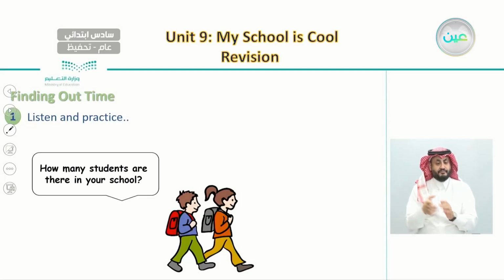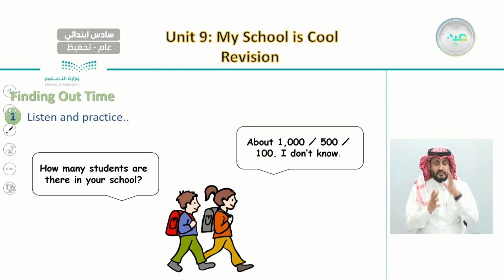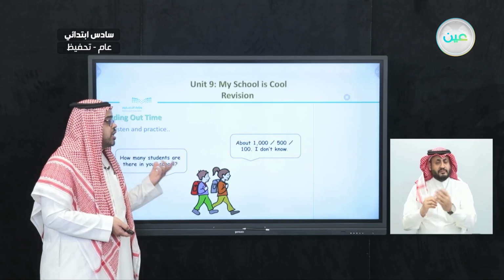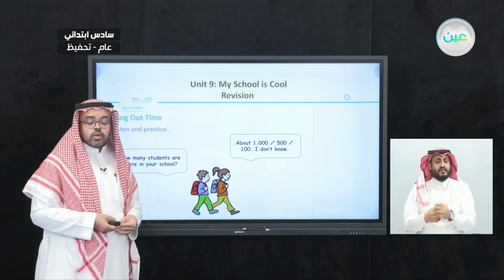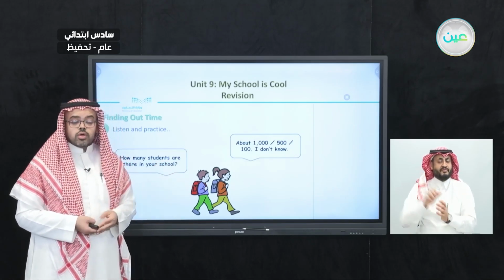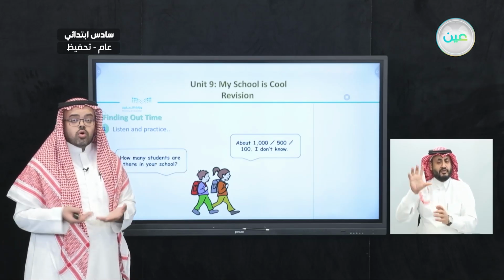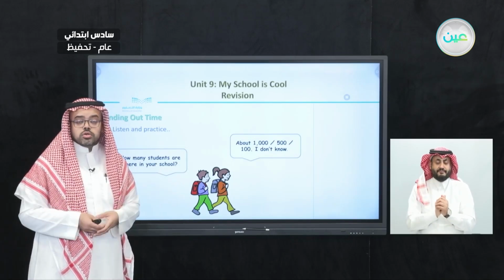And the second question is, how many students are there in your school? So with the second question, we learned how many students we have in our school. This is the second information that we need to know about our school. We can start our answer by saying about 1,000 or about 500 or about 100, or saying I don't know.